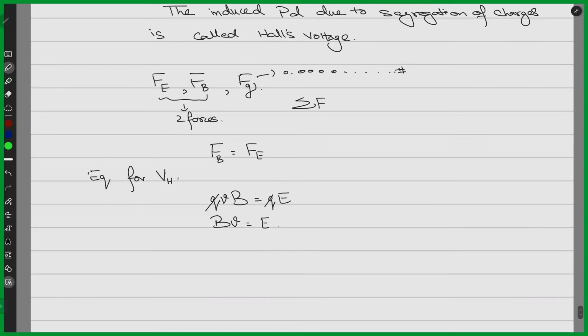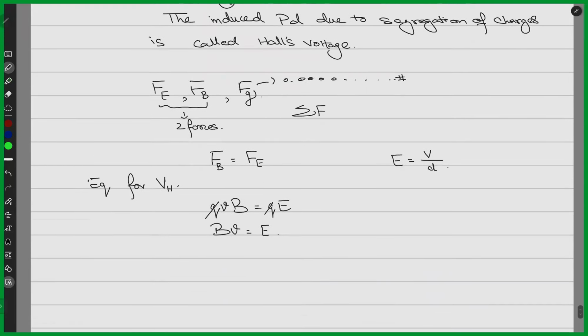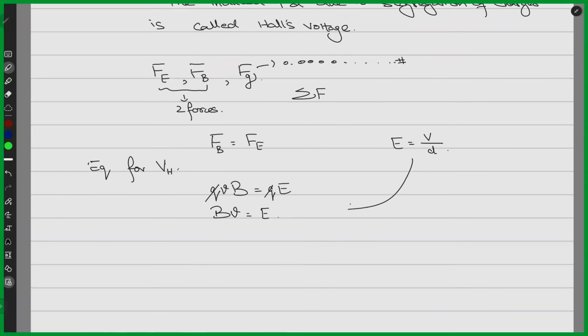This E is the electric field, and in terms of a potential difference, we all know now that the electric field is the ratio of the potential difference across the plates divided by the distance between the two plates. In this case, the plates are these two sides, so the distance D will be this distance in the figure. So I can take this and put it in this equation. I get B times velocity is equal to V, the voltage, over D.